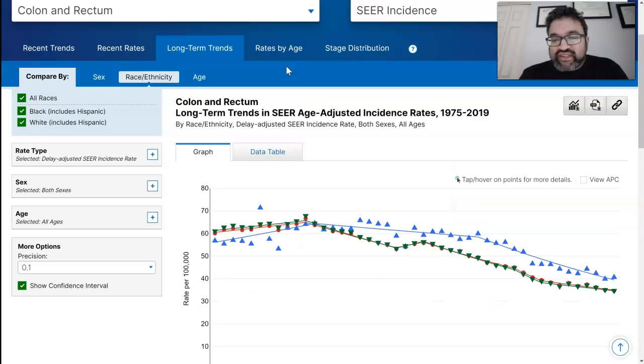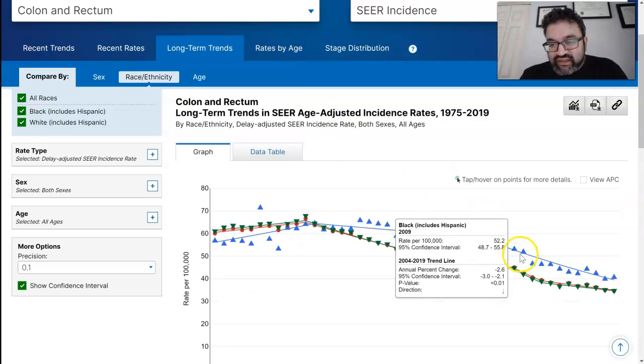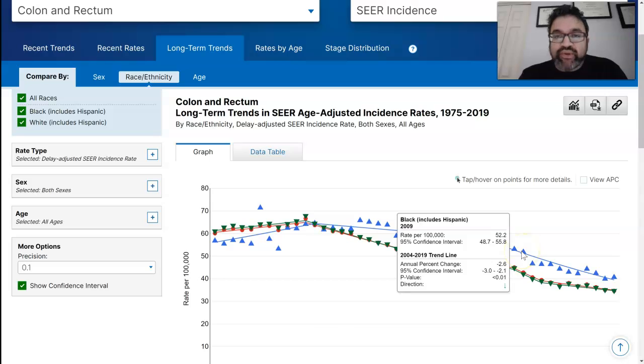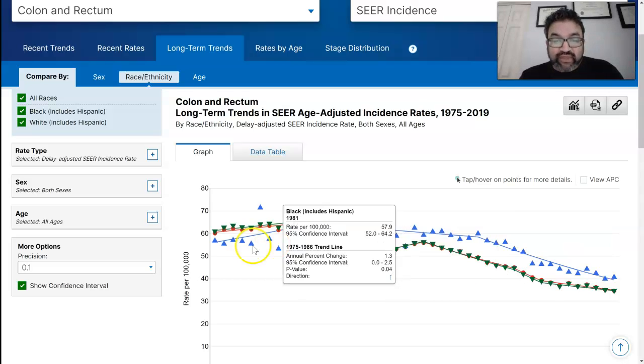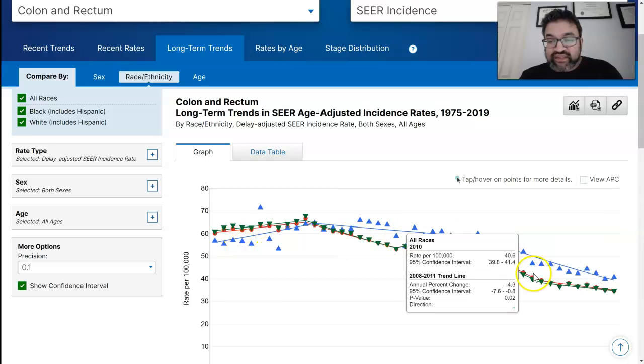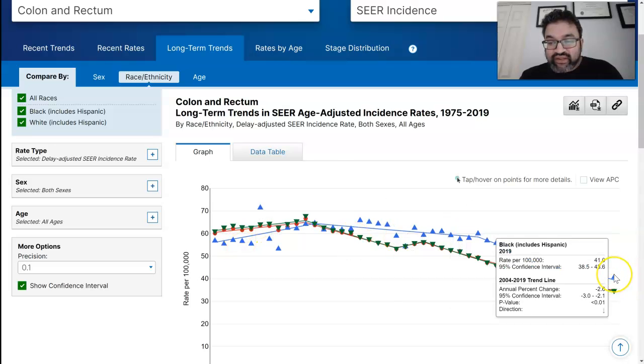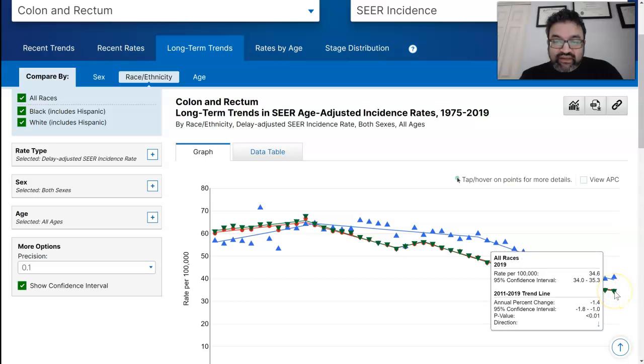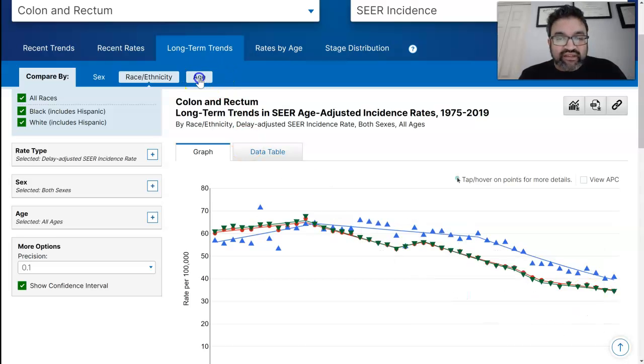If you were to look at something like colon cancer, you will see an increase. Actually, at one point there was not such an increase, but right now there is a higher rate of colon cancer among Black Americans than other races. So that is really interesting to note.